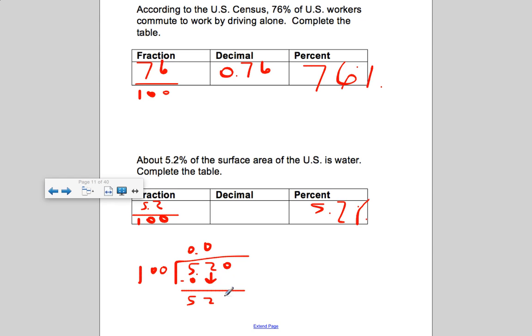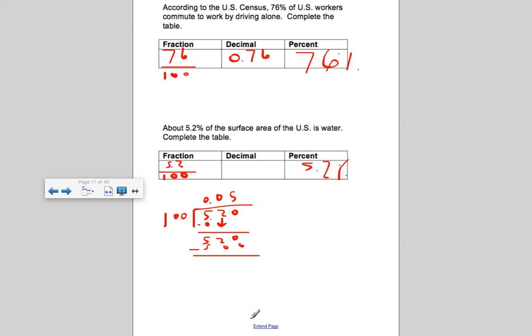Annex another 0. Can 100 go into 520? 5 times. You subtract 520 minus 500, you get 20. Annex another 0. Can 100 go into 200? 2 times. So our decimal is 0 and 52 thousandths.